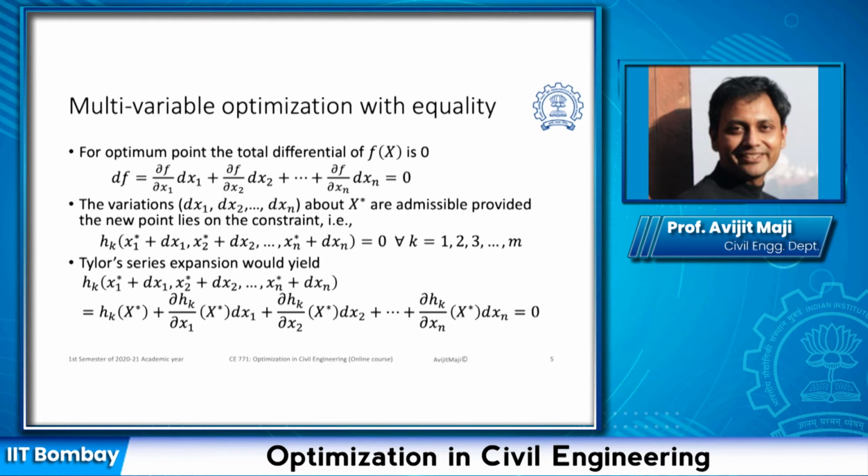As we had indicated earlier, as per the necessary condition, the first order derivative of our objective function is going to be 0.